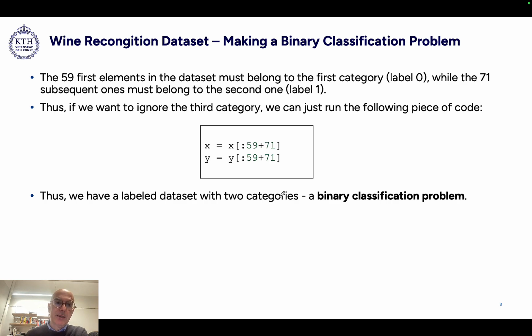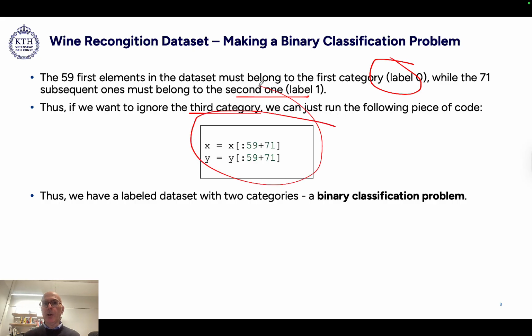It turns out that the first 59 elements in the dataset belong to the first category, what we call label 0, while the 71 subsequent ones belong to the second label. So in order to use only 2 labels, we take the first 130 elements in our dataset, because we want to ignore the third category. We can just run the following piece of code. Therefore, we have a labeled dataset with only 2 categories, which allows us to solve a binary classification problem.